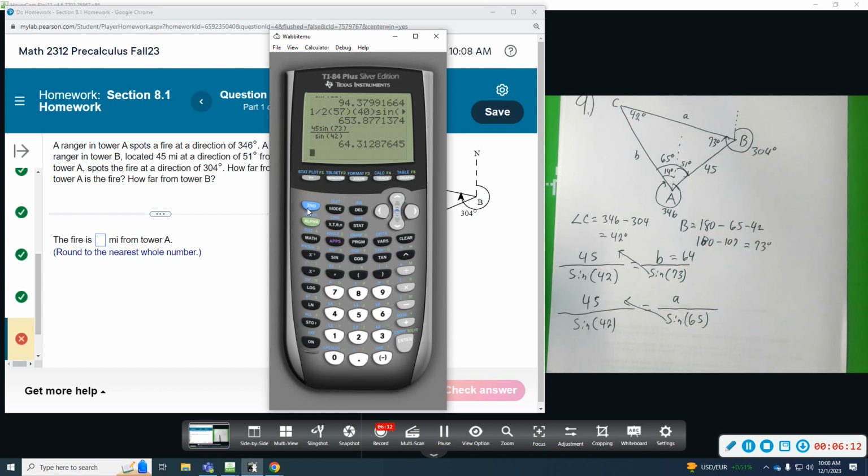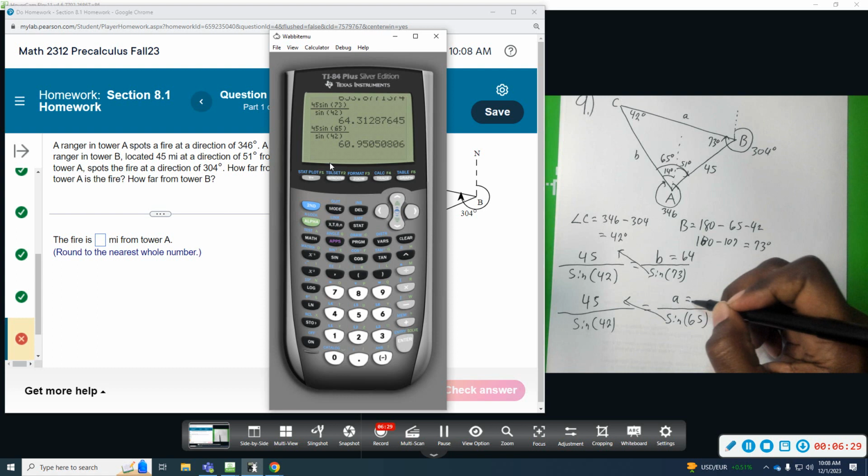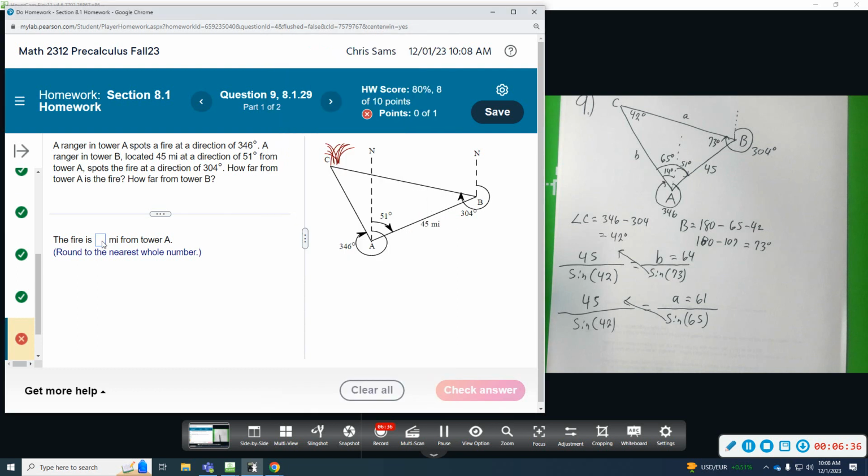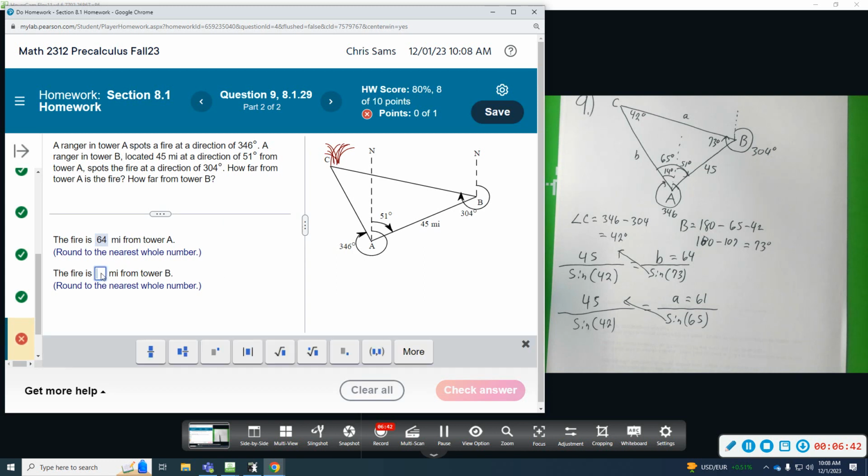And then I'm going to recall that formula and change the 73 to 65, because I'm doing this formula now. So 65, and that gives you 61 miles when rounded. So the distance from Tower A is going to be 64, and the distance from Tower B is going to be 61.